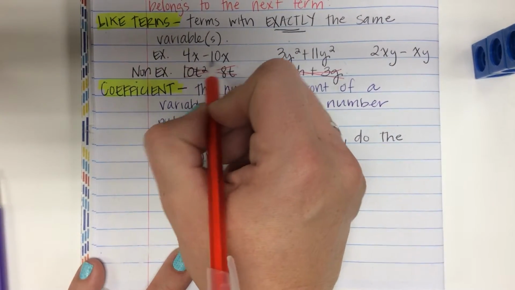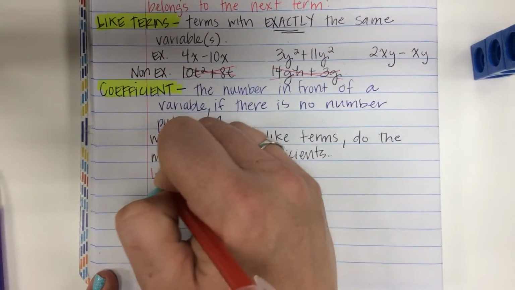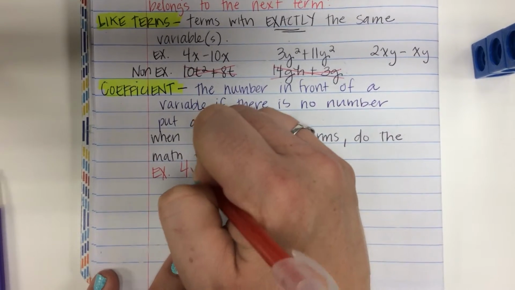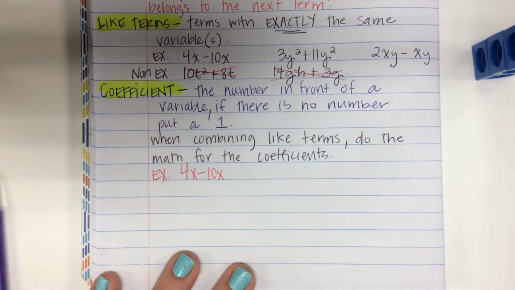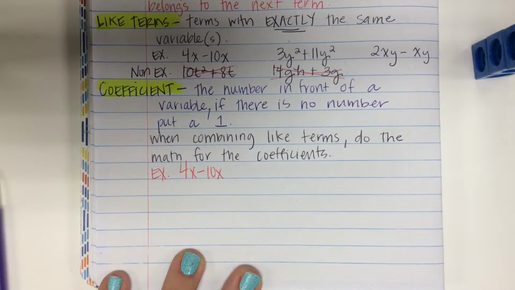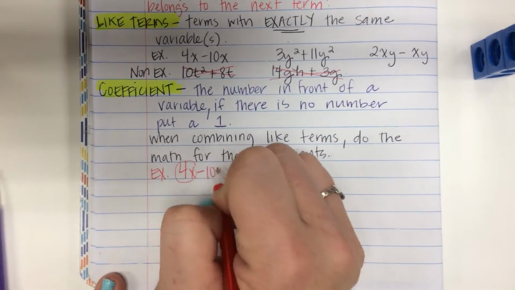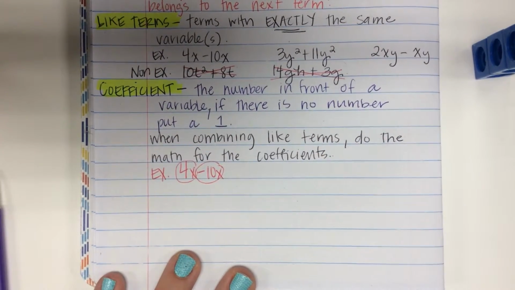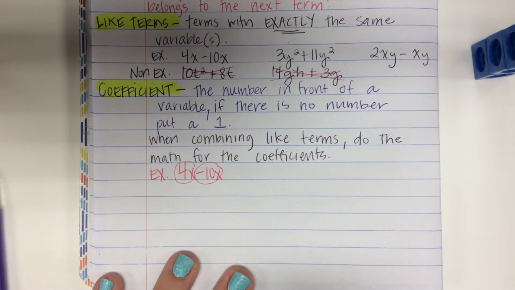If we went back up here to do 4x minus 10x, since they're like terms, I can do 4 minus 10.